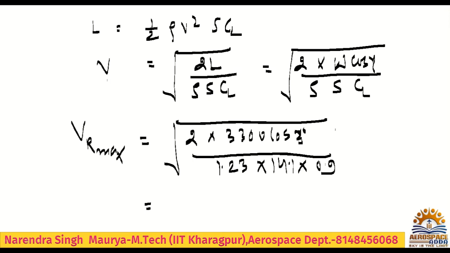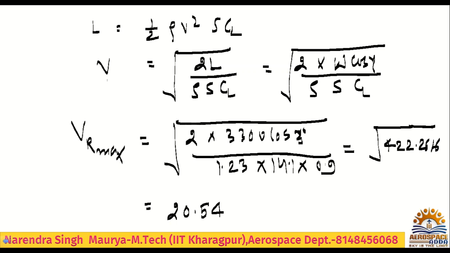So you will get the root of 422.2616. Taking the root, you will get 20.5.